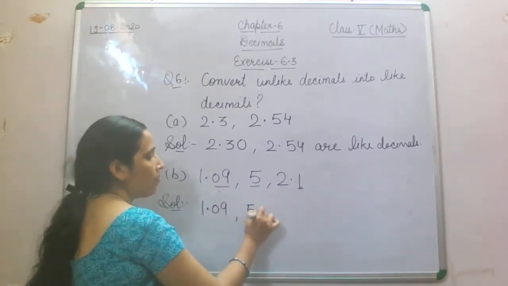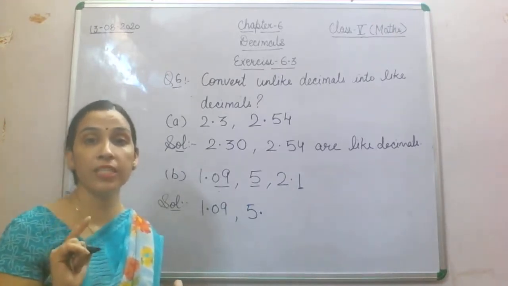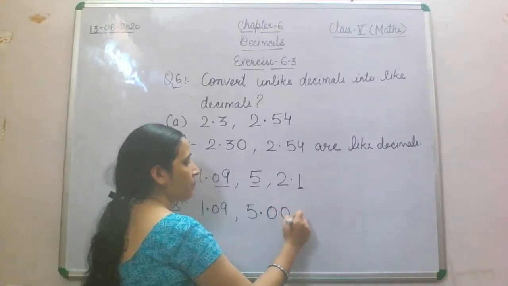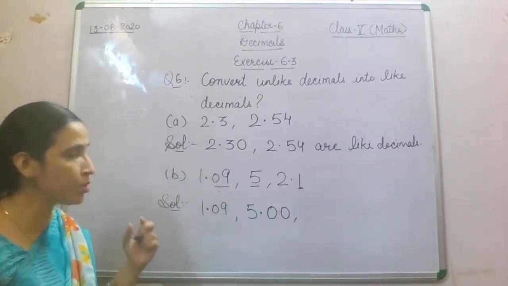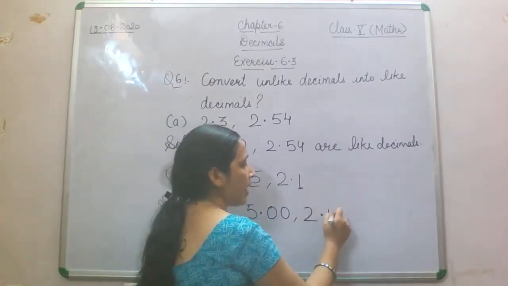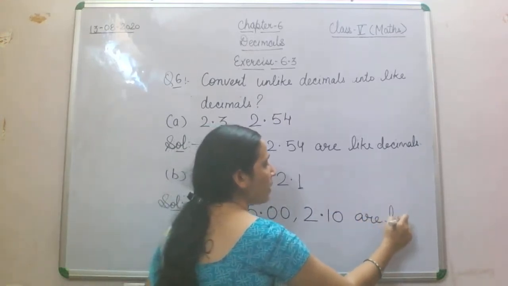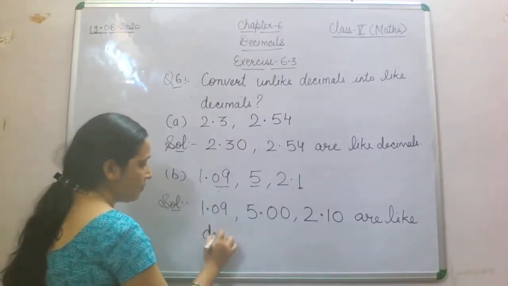After 5 we'll put a decimal, and after the decimal we'll put 2 zeros. Clear? 2 decimal places we required, so we'll put 2 zeros. After that we have 2.1, and then we will put 1 zero, and then that group will become like decimal.